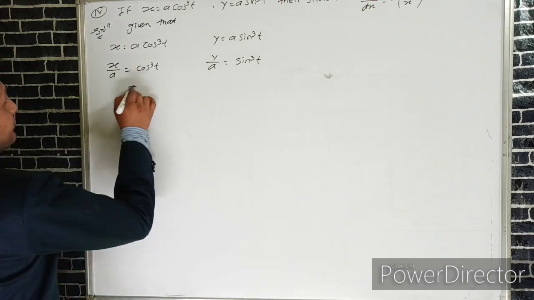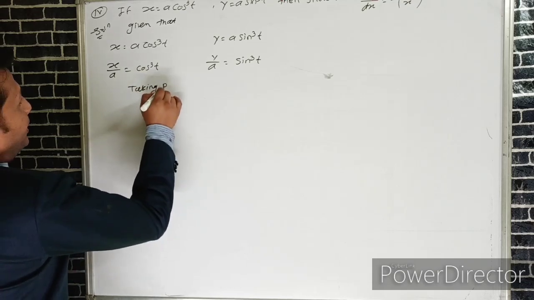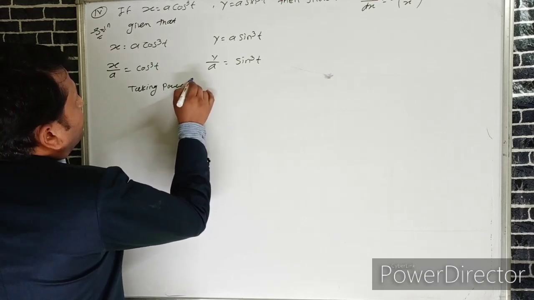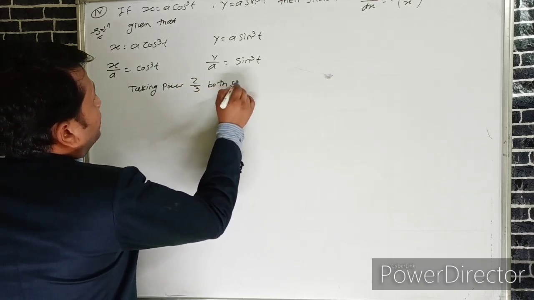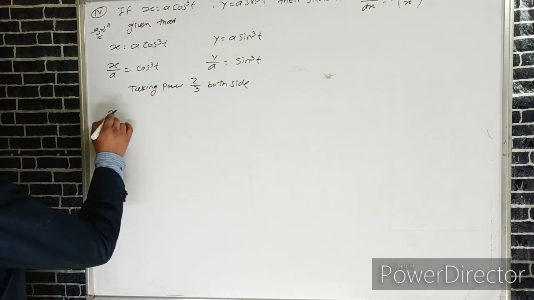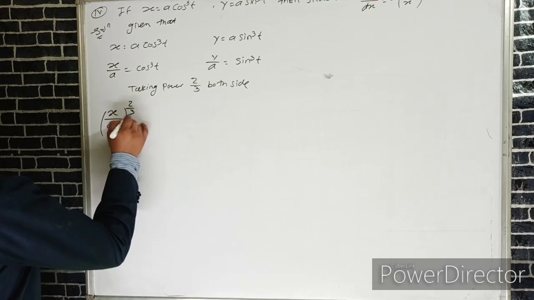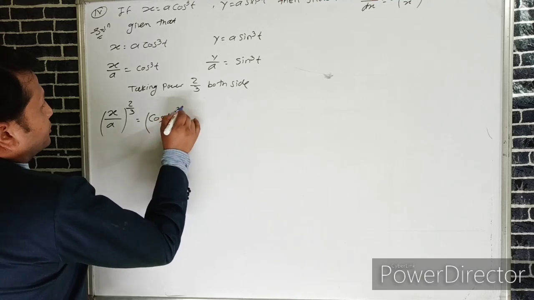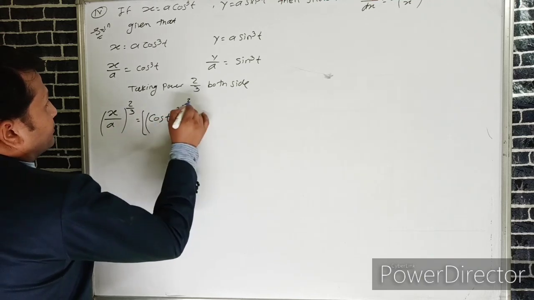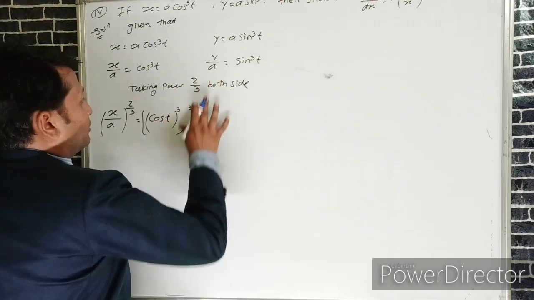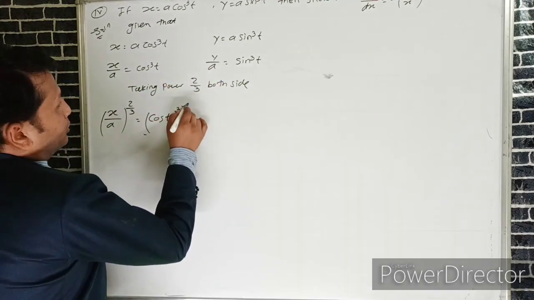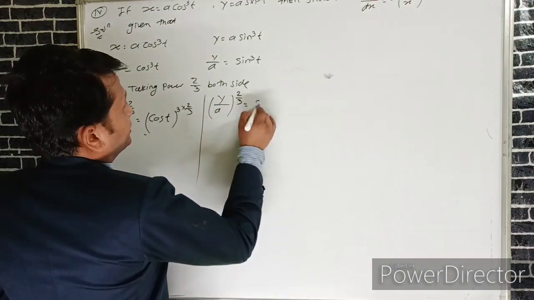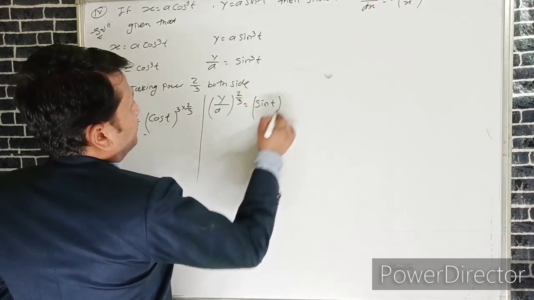Now for both functions, x by a is cos cube t and y by a is sin cube t, if we take power 2 by 3 on both sides, we can write x by a whole raised to the power 2 by 3 is equal to cos t whole raised to the power 3 raised to the power 2 by 3, which we can write as cos cube into 2 by 3. Similarly, we can apply here y upon a whole raised to the power 2 by 3 is equal to sin t whole raised to the power 3 into 2 by 3.